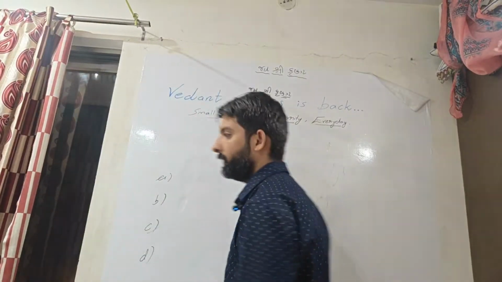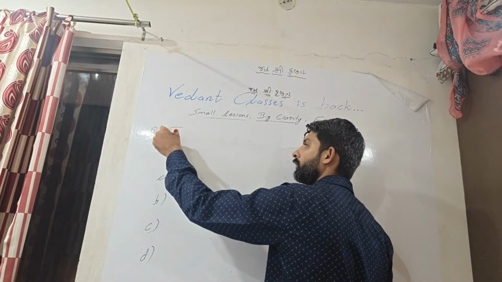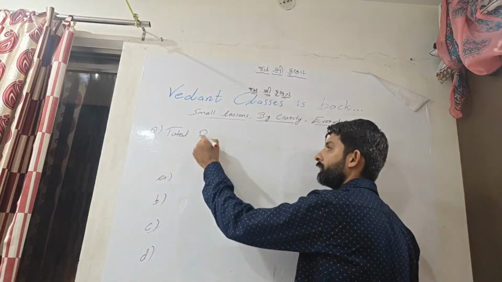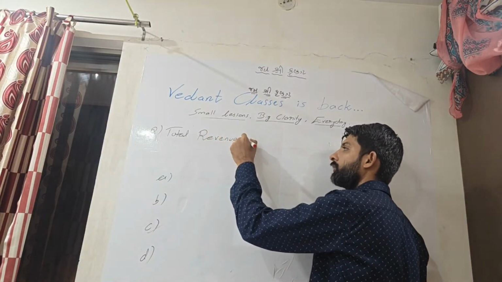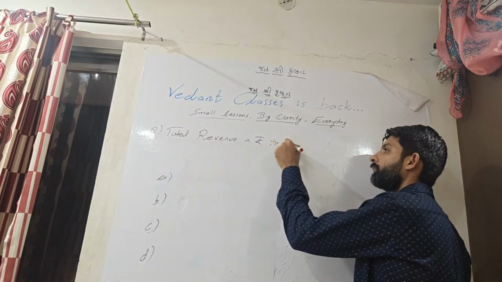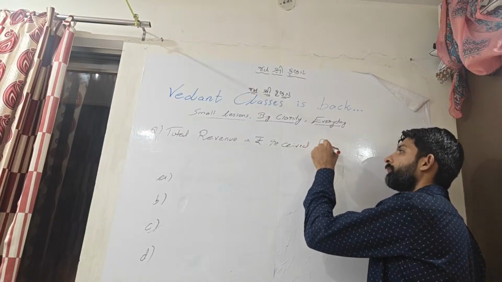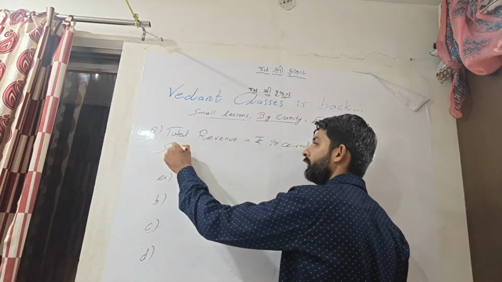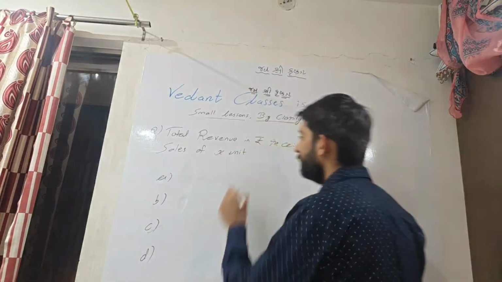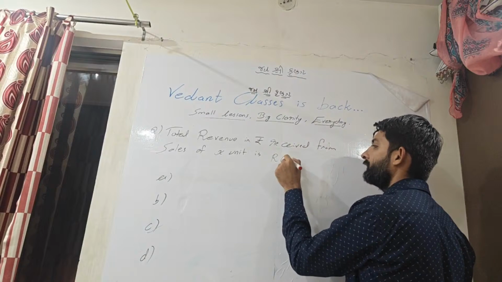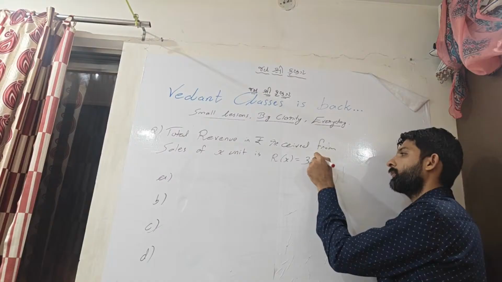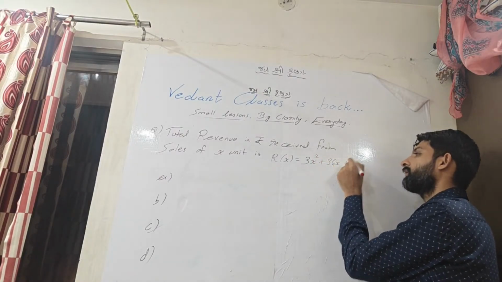The total revenue in rupees received from sales of x units is R of x equal to 3x square plus 36x plus 5.